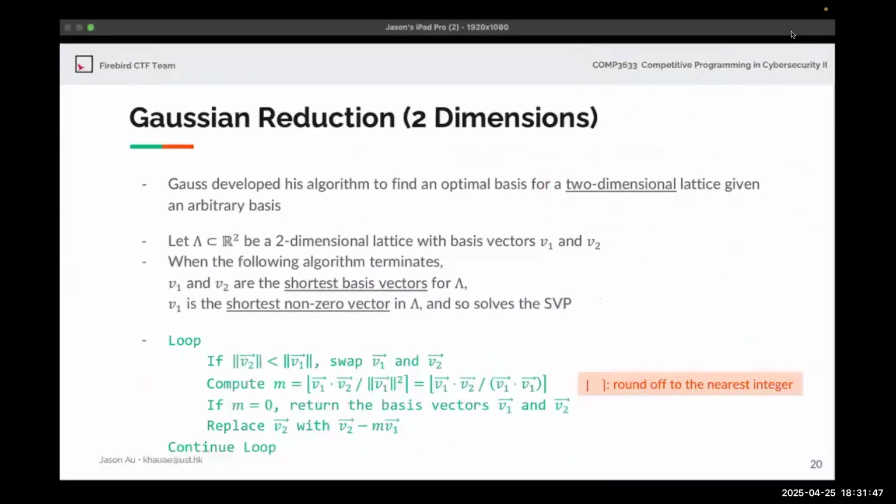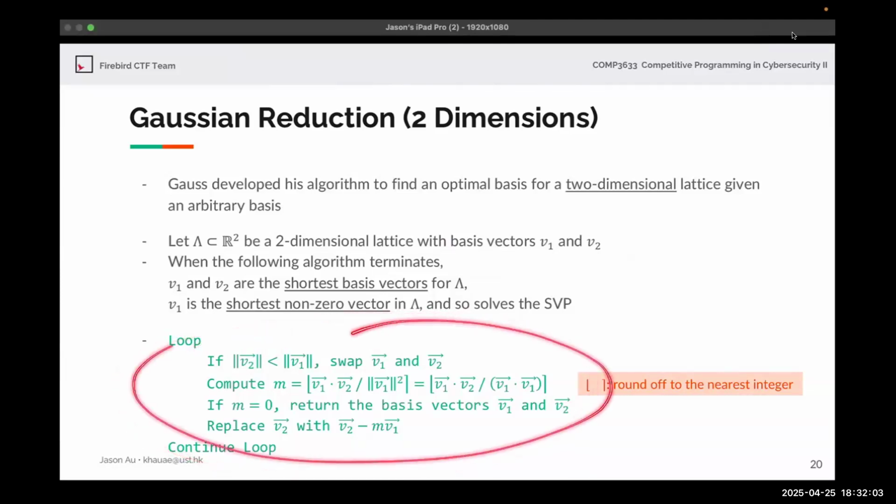If we have a lattice generated by two basis vectors v1 and v2, and we want to find the shortest basis vectors, we perform this loop, which is basically the Gaussian reduction algorithm.